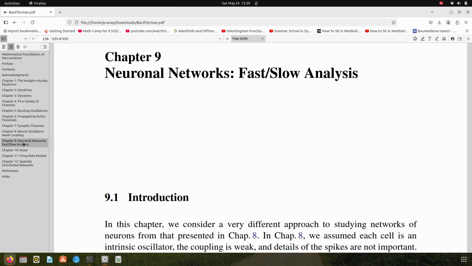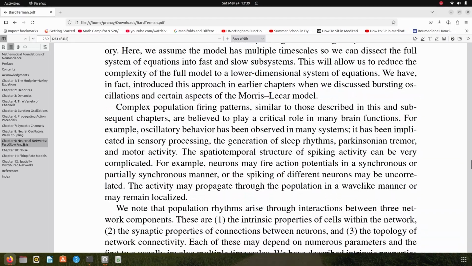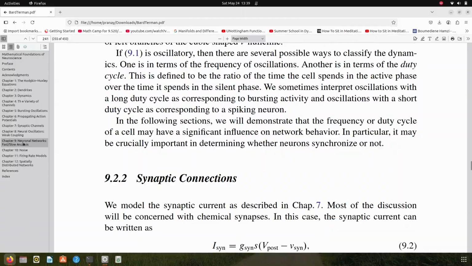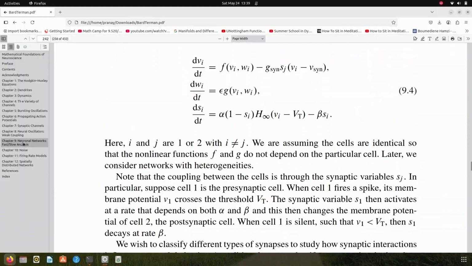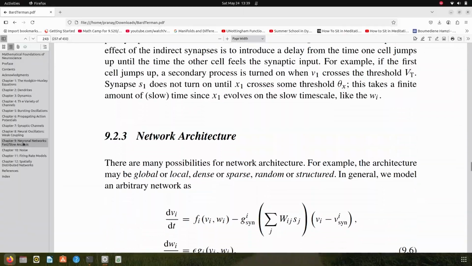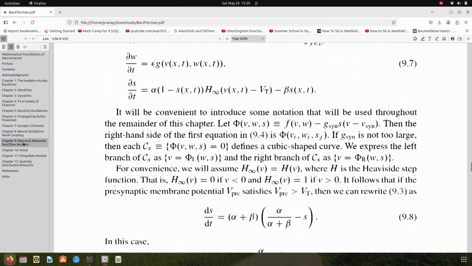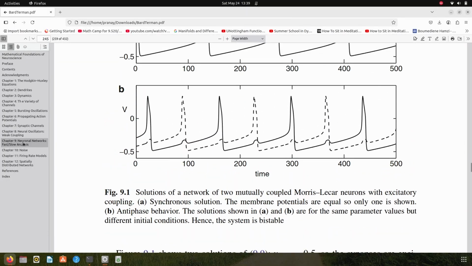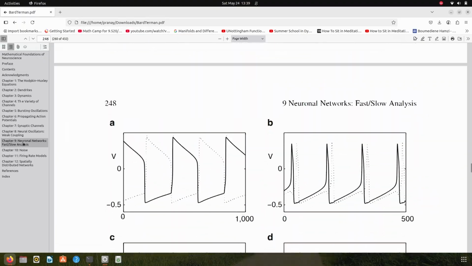And a lovely set of papers written by David Terman and his colleagues. So you can study those sorts of things. Let me just leave you with the diagram of post-inhibitory rebound, and you can try to figure out how that goes. Yeah, I'll come back to this in a minute.